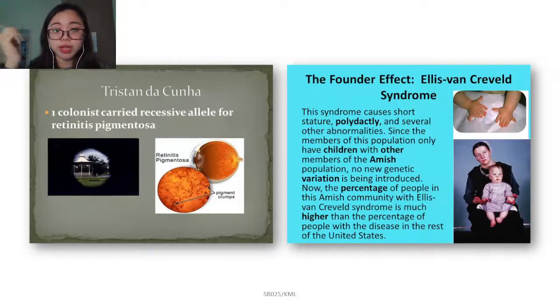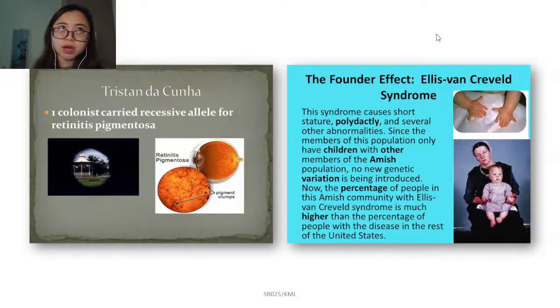His children will have children. Eventually, when you look at the population on that island, more than one person, if not a majority of them, will have retinitis pigmentosa. So in this example, the British colonists are the founders for this population on the island, and they are the ones bringing this recessive allele to the island.